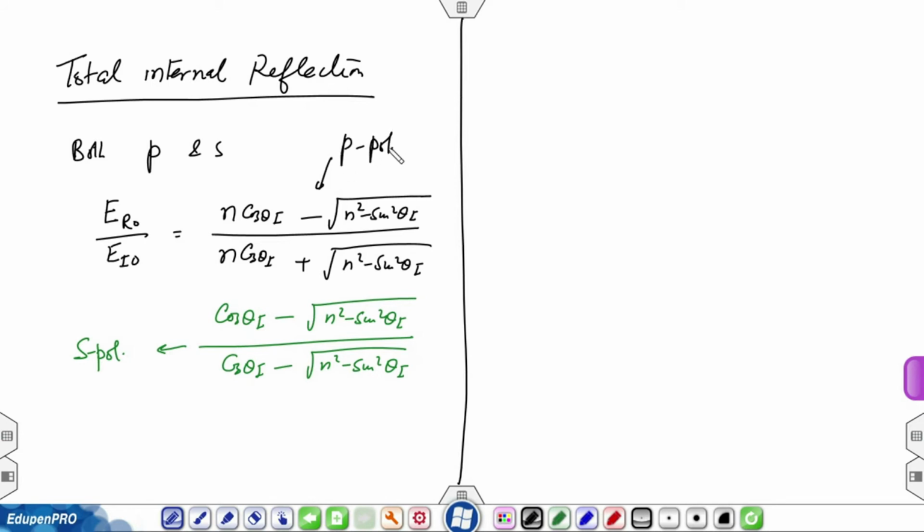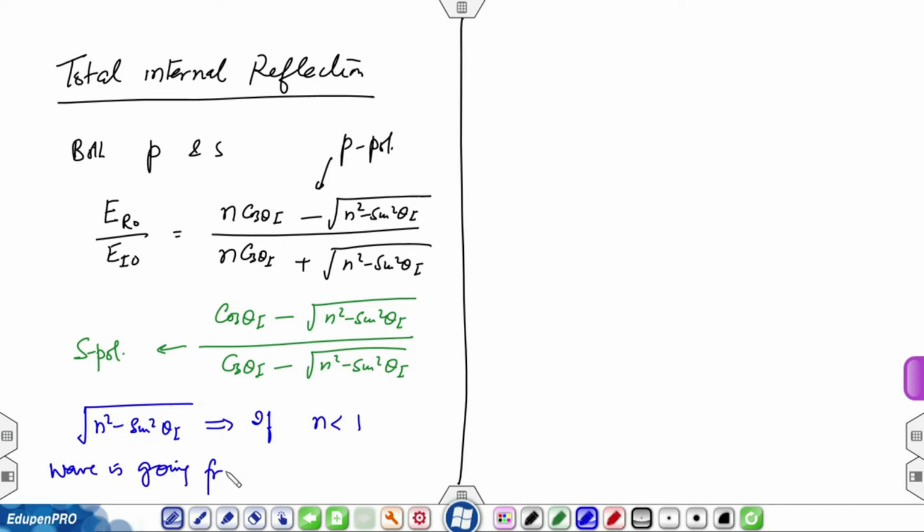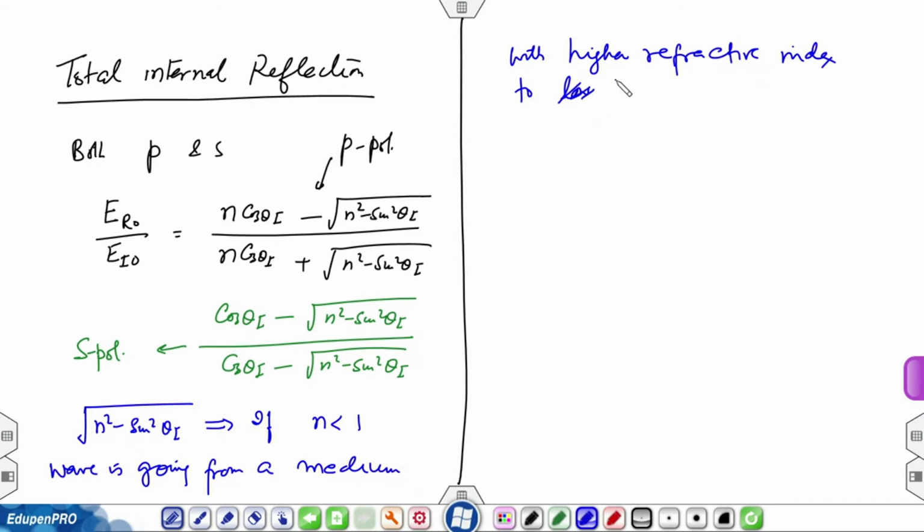Both have this term, the square root of n square minus sine square theta I. So, if n is less than 1, that means the wave is going from a medium with higher refractive index to one with lower refractive index.